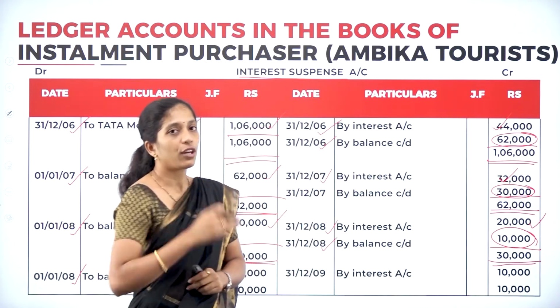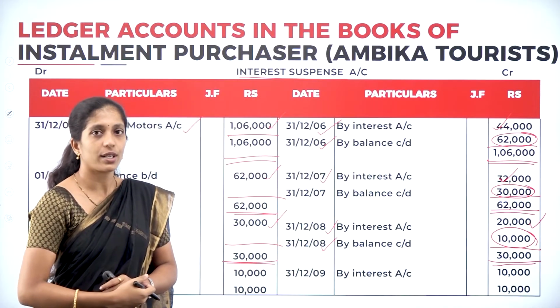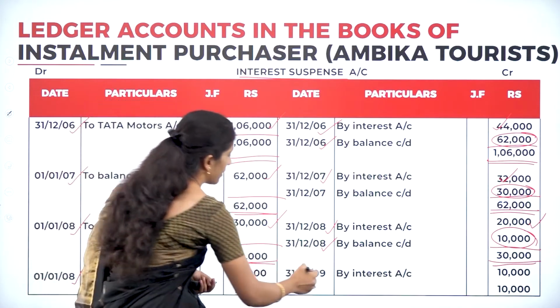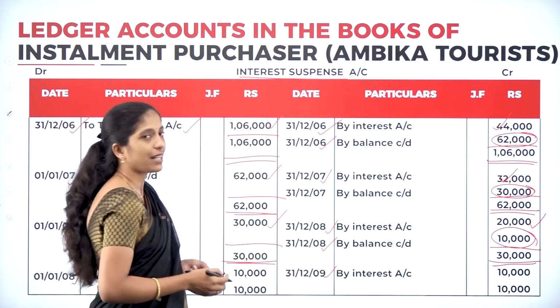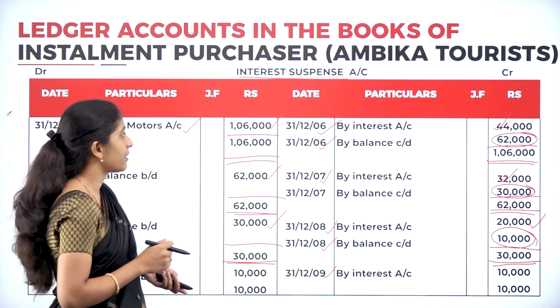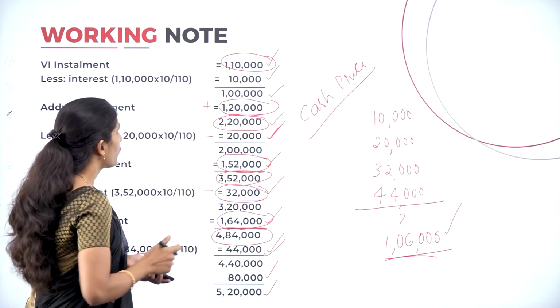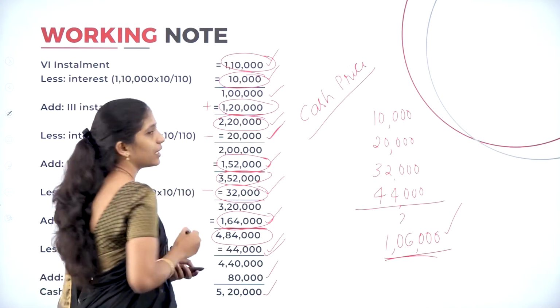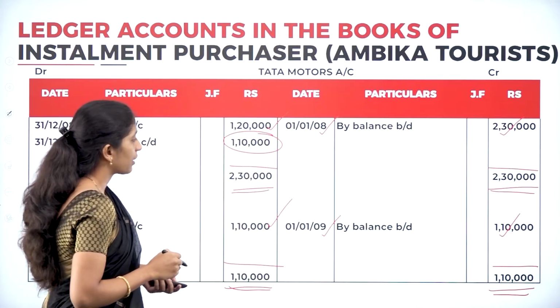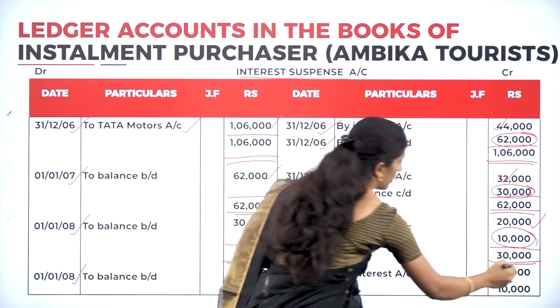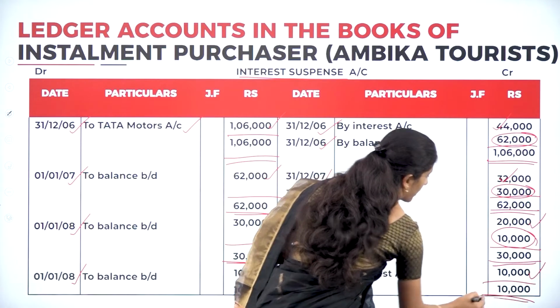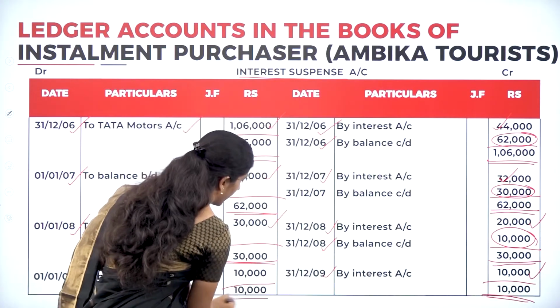Now for interest due, interest account debit to interest suspense account. So how do we write? 31st/12/09 by interest account. Now what is fourth year interest? Fourth year interest is 10,000. So record that 10,000. Now if you add both the debit and credit side, you will get a total of 10,000.